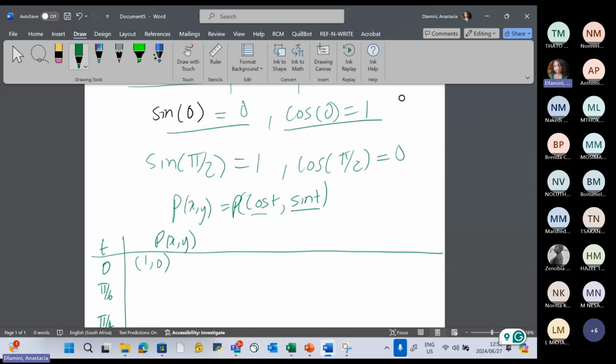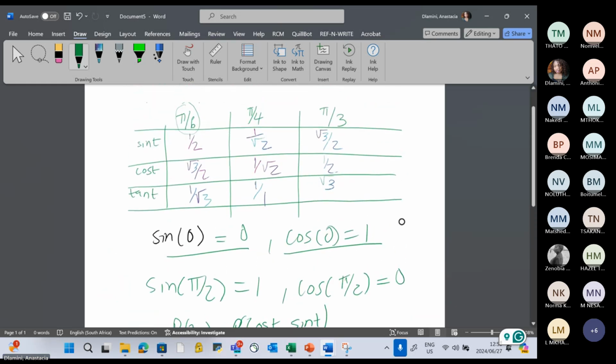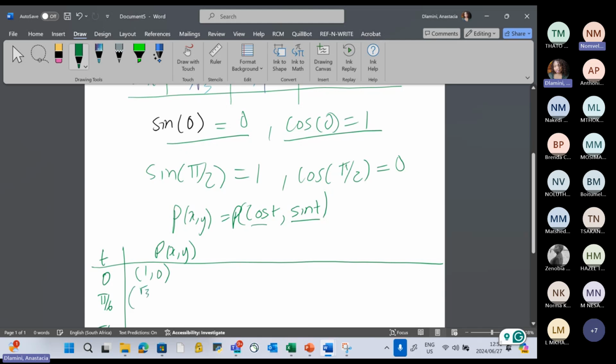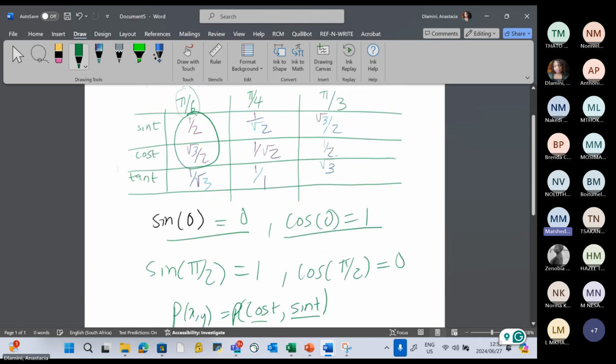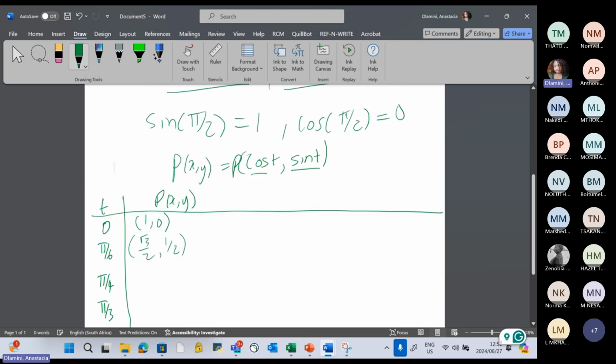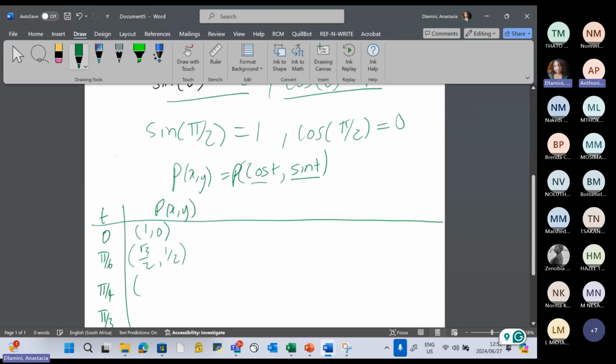What is the terminal point for pi over 6? Root 3 over 2 and 1 over 2. What is the terminal point for pi over 4?